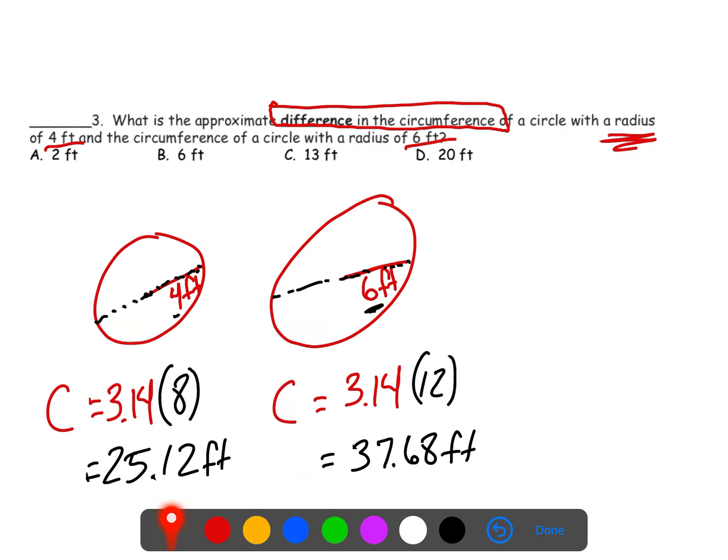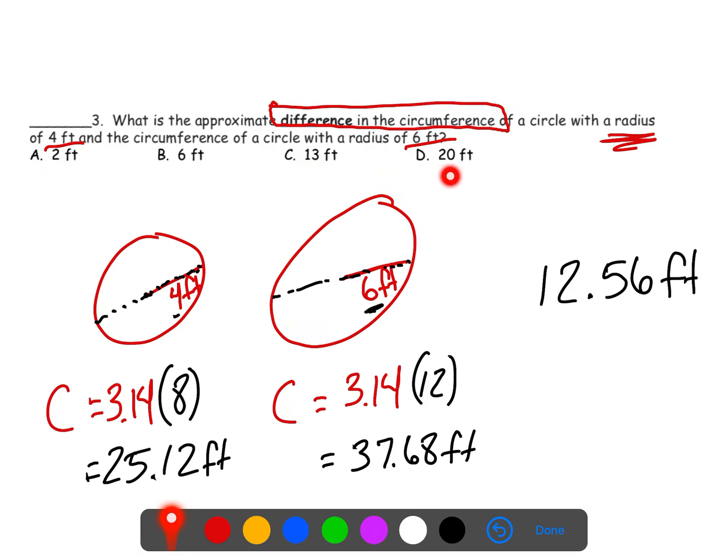So I'm going to subtract my smaller circle circumference from my larger circle circumference and see what the difference is. When I do that, the difference is 12 and 56 hundredths feet.